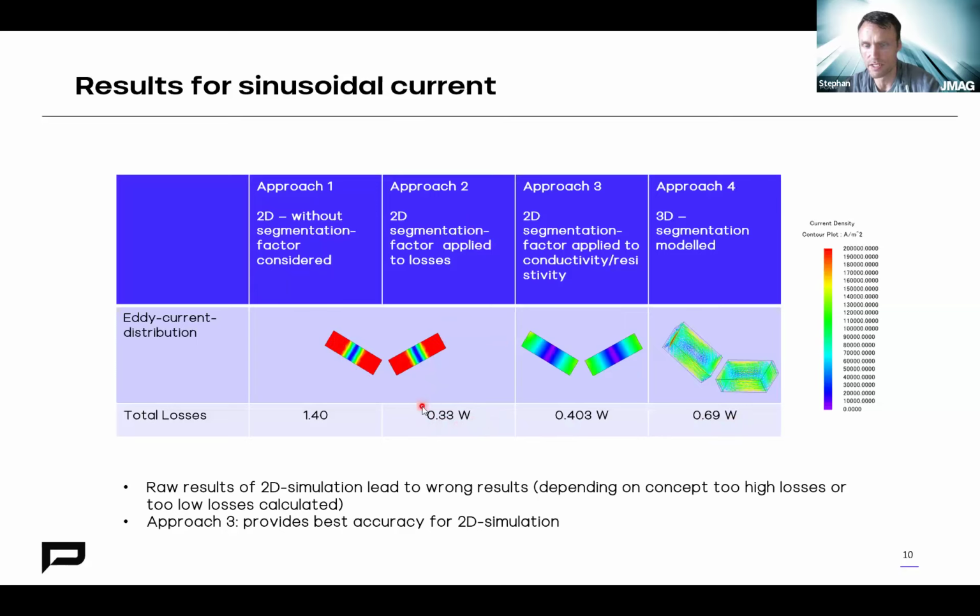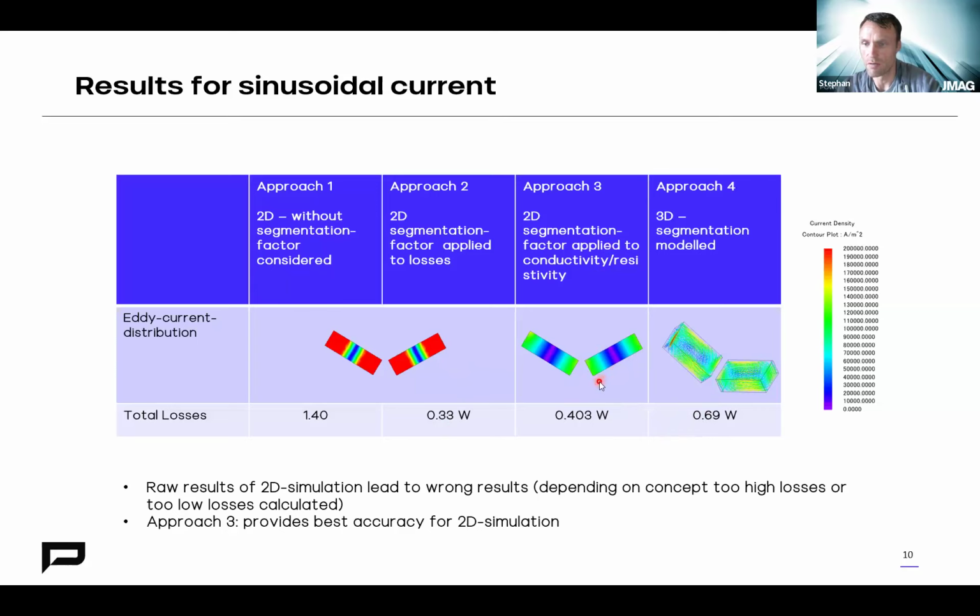So it probably means that there are already some higher frequency loss components which are not considered with this approach. And approach 3 is, let's say, from the 2D variants, the one which is closest to the reference. And this is probably because the resistivity of the material is adapted according to the 3D dimensions of the magnet.